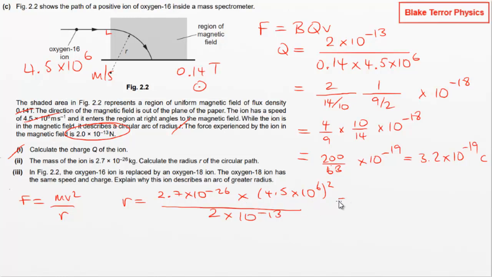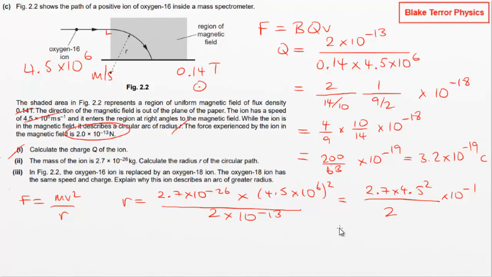So what have we got on this then? So we'll have 2.7 times 4.5 squared over 2. We got 12 times 10 to the minus 1 after all of that.